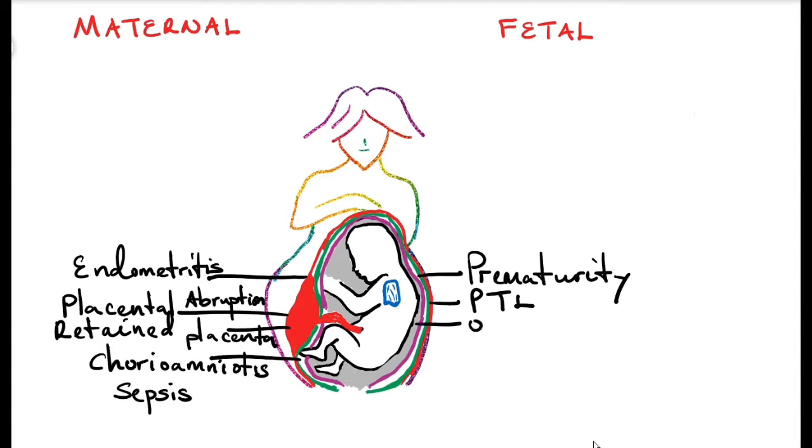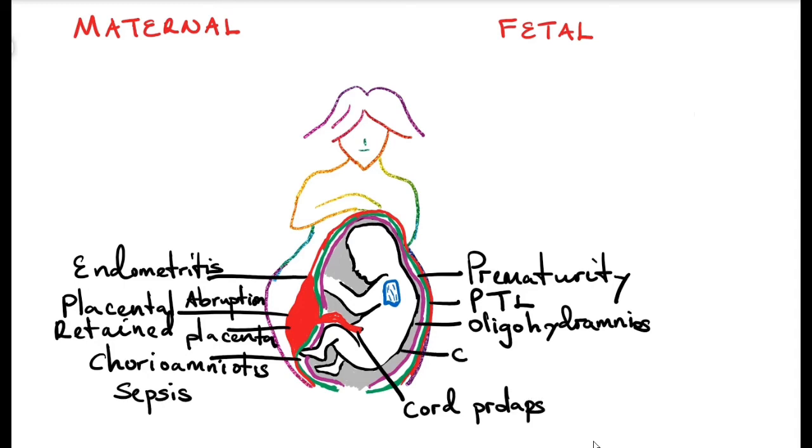You can have oligohydramnios because they're losing amniotic fluid. You can have a cord prolapse. And because they are losing amniotic fluid, they can have compression deformities like limb contractures.